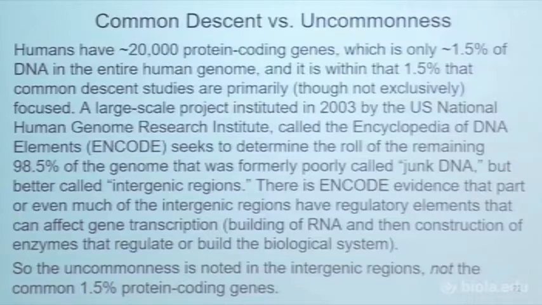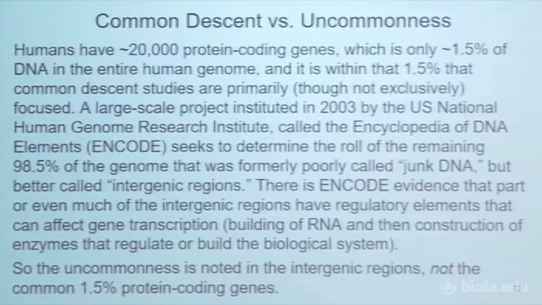Then there was a large-scale project instituted in 2003, not by Christians. This is by the U.S. National Human Genome Research Institute, called the Encyclopedia of DNA Elements, or ENCODE. You can just Google ENCODE, it'll come up. It seeks to determine the role of the remaining 98.5% of the genome, that was formerly poorly called junk DNA, but now it's better called intergenic regions.